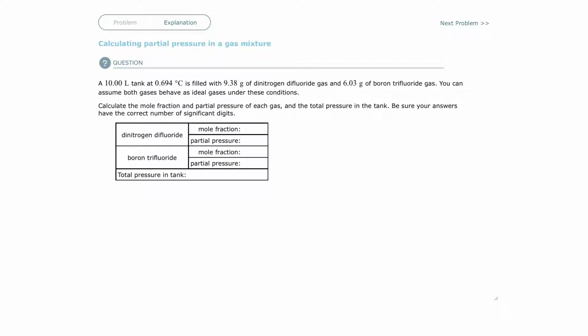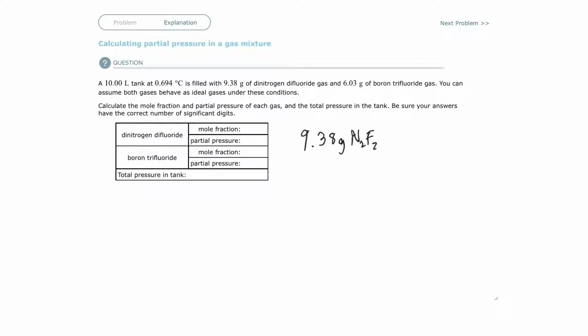So as we did before, we're going to start with the amount of grams that they give. So we have 9.38 grams of the dinitrogen difluoride.